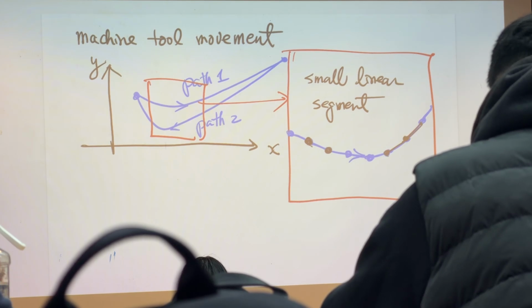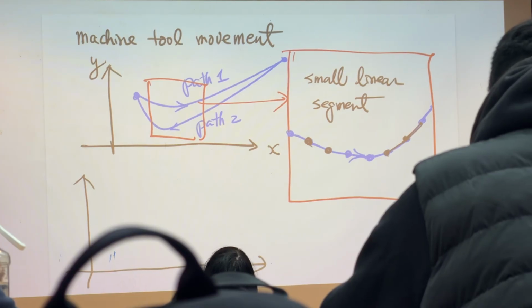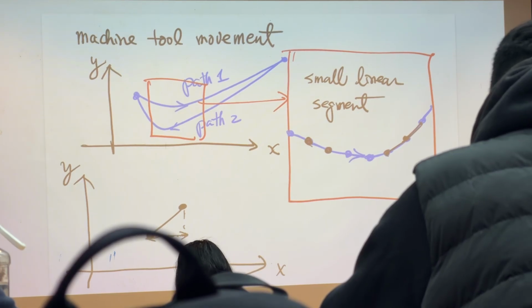So if I take one linear segment and show you, here from here, that means we are actually going from here to here. So in X, we move this distance. In Y, we move this distance.